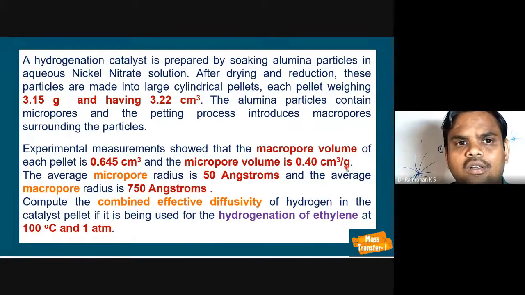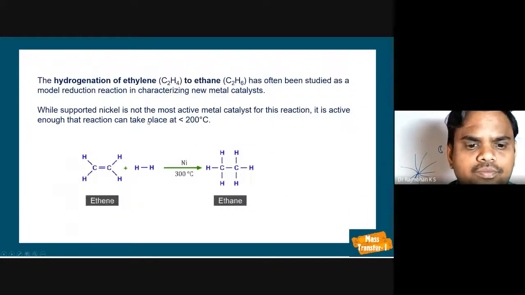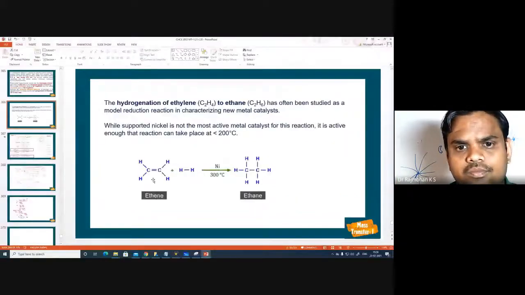Per gram it is given, and we know the pellet weight: 3.15 gram for each pellet. So 0.40 centimeter cube per gram multiplied by 3.15 gram divided by 3.22 centimeter cube gives us epsilon mu.